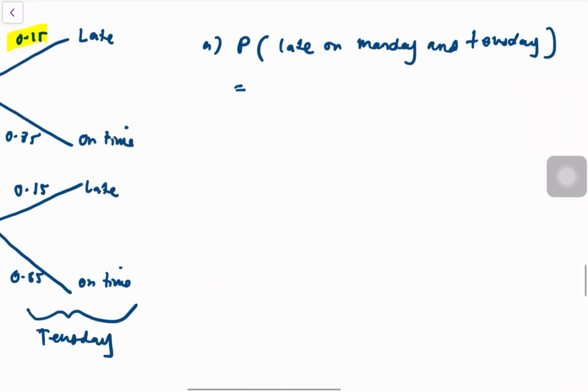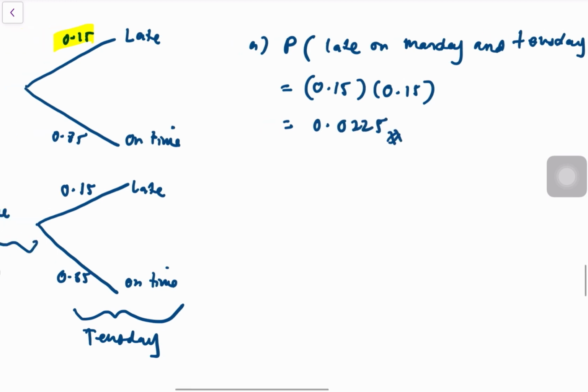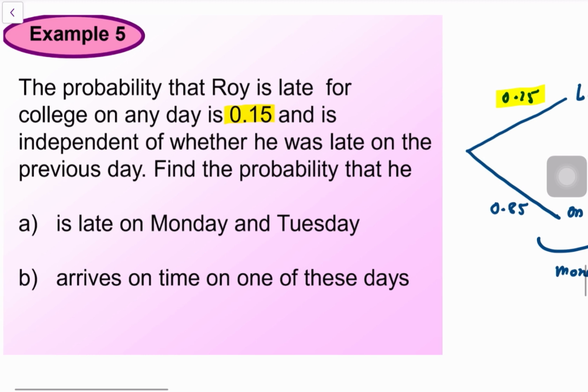So this will be equivalent to 0.15 multiplied by 0.15, which is 0.0225.